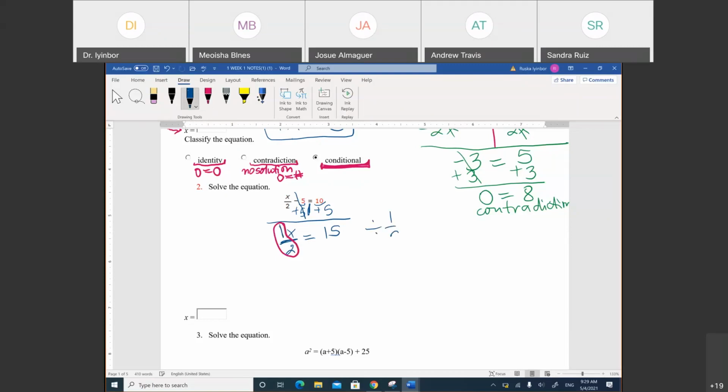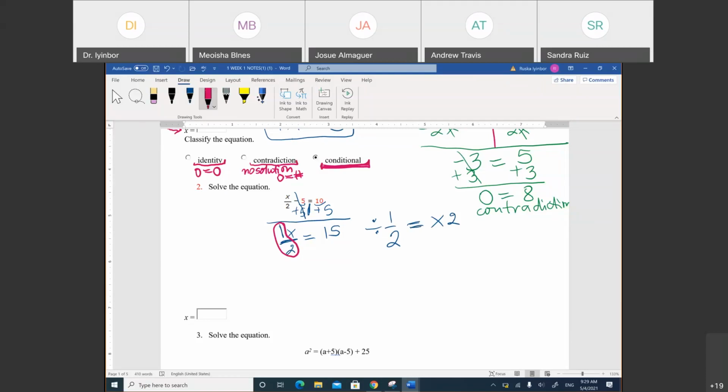Now, how do you divide by fractions? You multiply by the reciprocal. So dividing by 1/2 is the same as multiplying by 2.